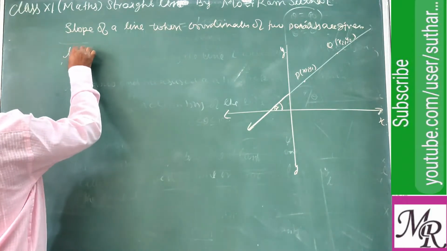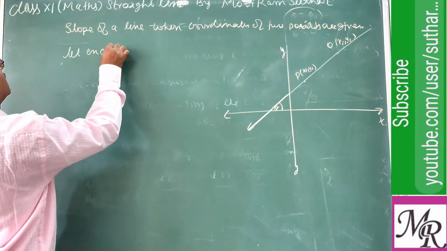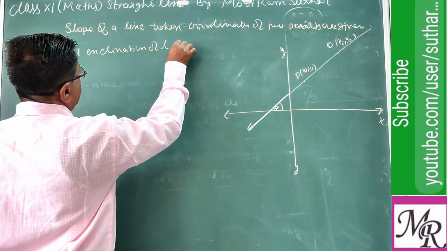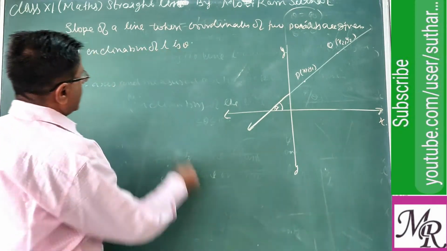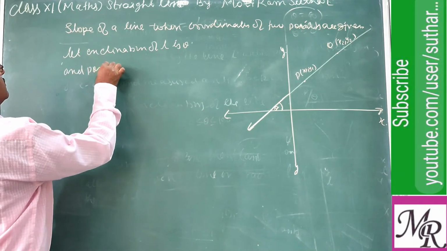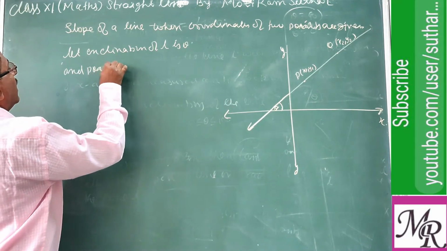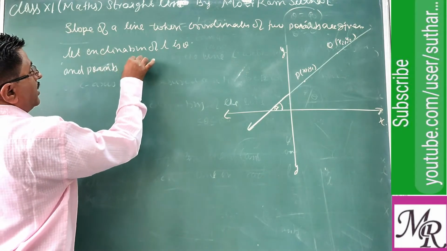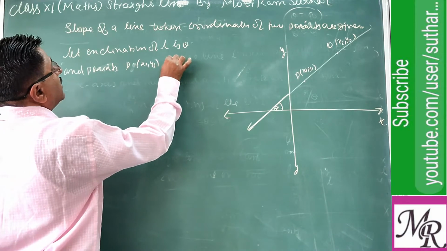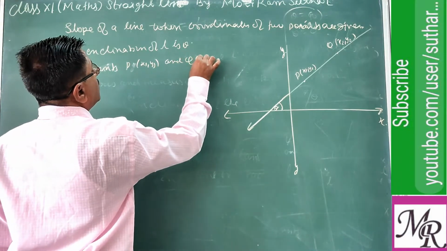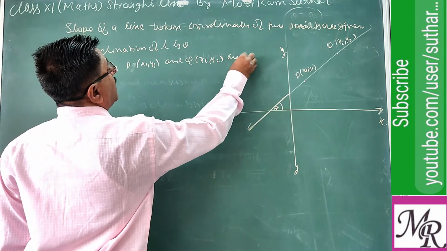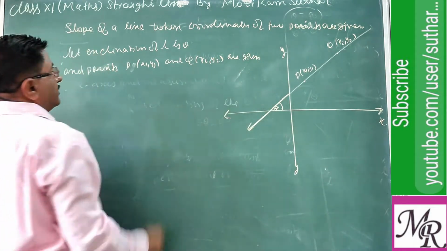So let the inclination of L be theta, and points P with coordinates x1, y1 and Q with x2, y2 are given.